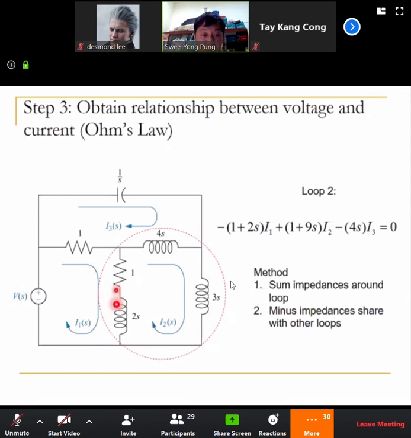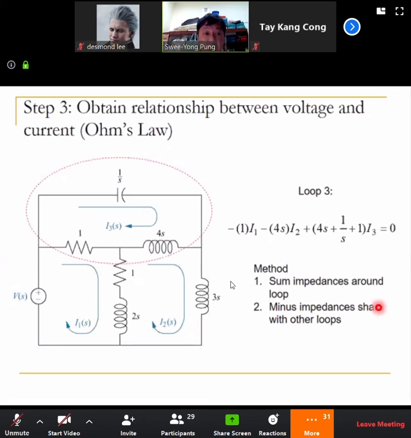Then the component shared with loop 3 is 4s multiply I3, with a minus sign, equal to 0.